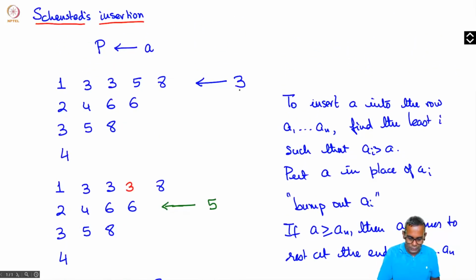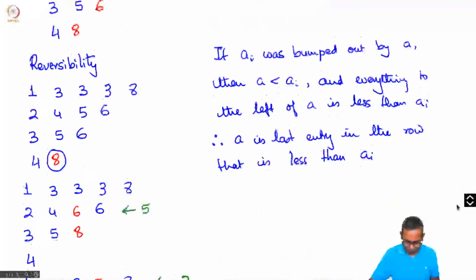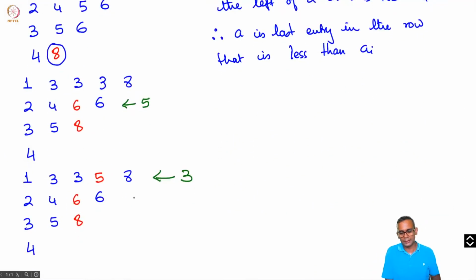And we see, yes, it was indeed a 3 that we inserted into this tableau with first row 1, 3, 3, 5, 8. And we have recovered the letter which was inserted just from the information of what was the new box that was added into the tableau.